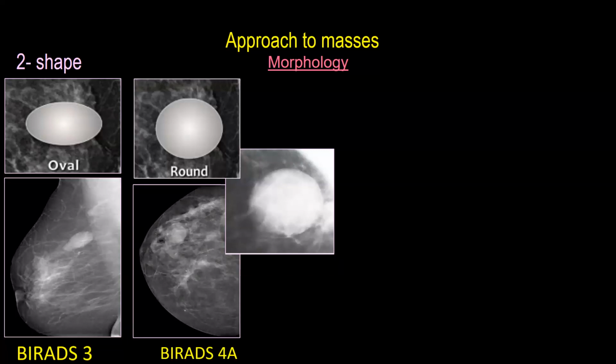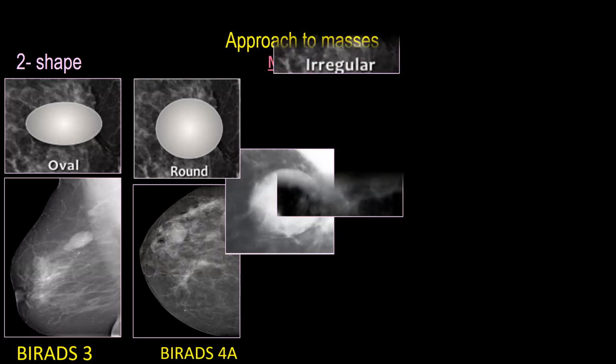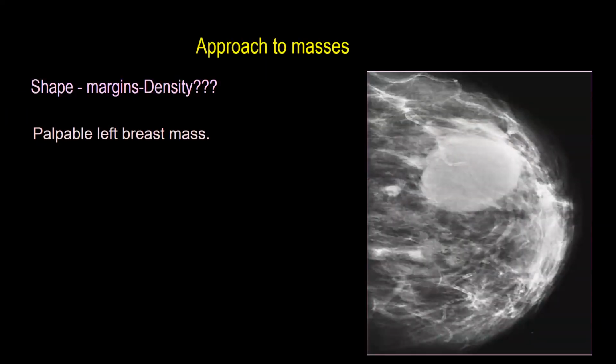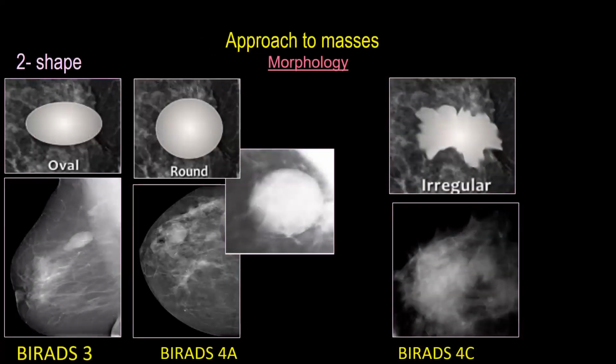If you have a round mass, just being round is not reassuring. If you have what is probably a fibroadenoma, but it is round, don't call it a fibroadenoma. Don't give it BIRADS 3. Go for BIRADS 4A for round, upgrade it. And as you know, the irregular is BIRADS 4C. Okay, now it is clear.